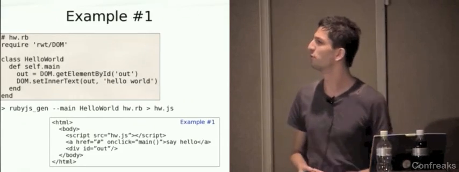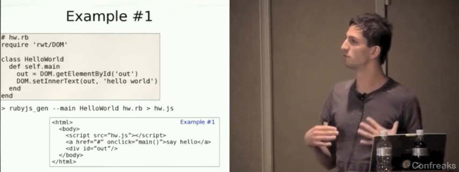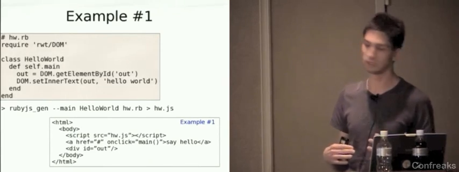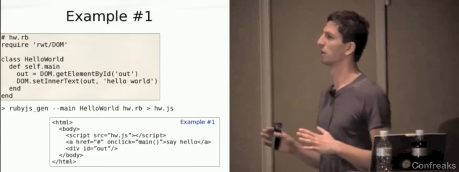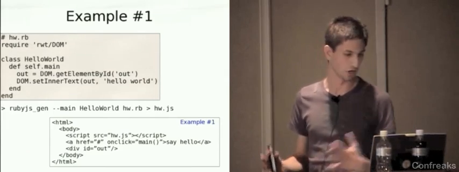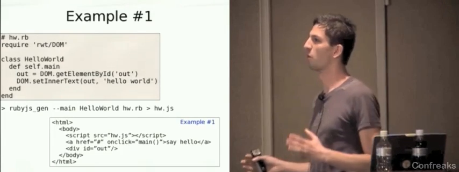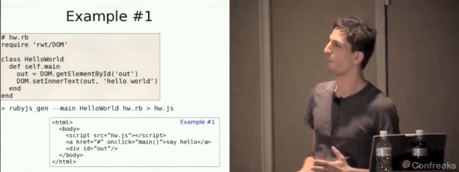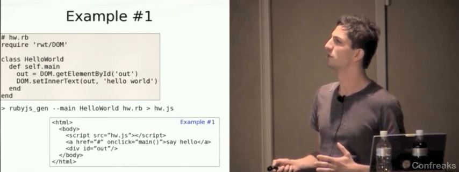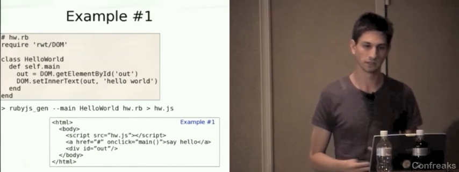But before I go into the short analysis of why, for me, JavaScript wasn't the right solution, I would like to give you a small example, just to get a brief idea of what I'm talking about at all. This is just a small Hello World example. I'm using the DOM, the document object model, from the Ruby Web Toolkit.